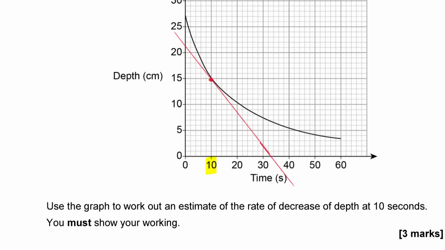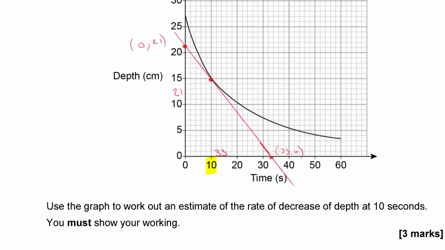So if I take that point there and that point there, then this is the point 33, 0. And this point up here is the point 0, 21. Meaning that this triangle has got a height of 21 and a baseline of 33.